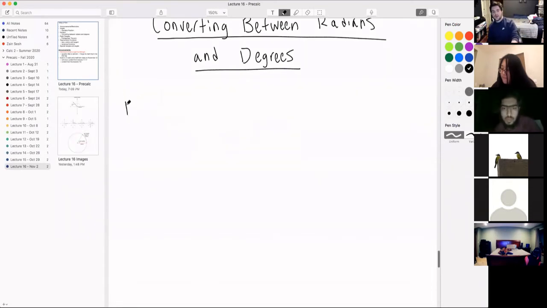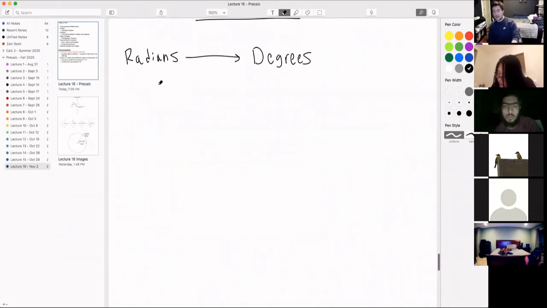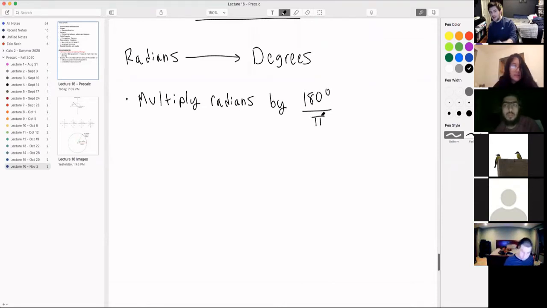You're given radians and you want to go to degrees. The formula is to multiply your given radians by 180 degrees over pi. So if you're given some quantity in radians, to turn it into degrees, you just multiply that by 180 over pi.